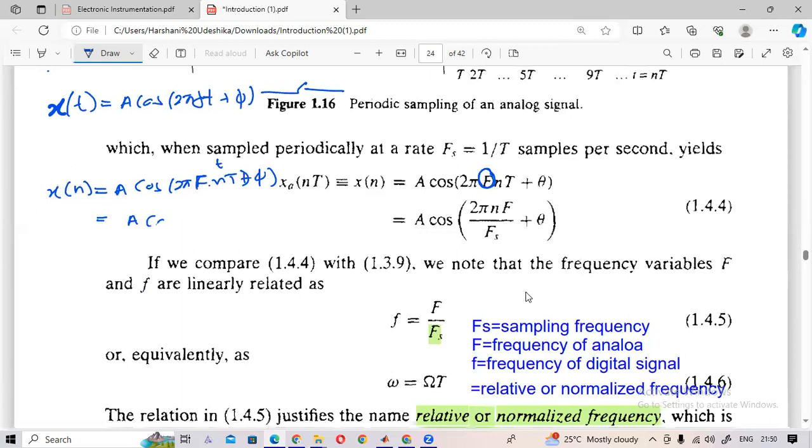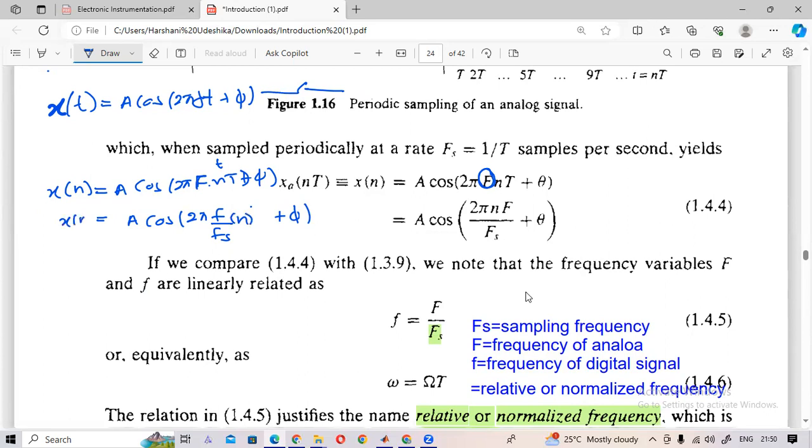So you have cos(2πF nT + φ). T is equal to 1 over fs, 1 over the sampling frequency. So you can write this as cos(2π (F/fs) n + φ).